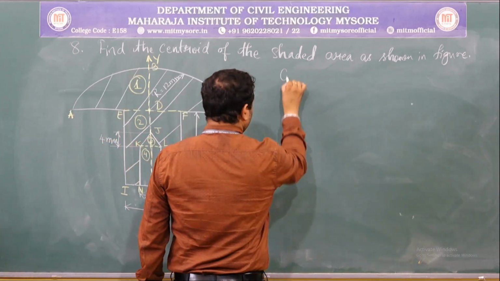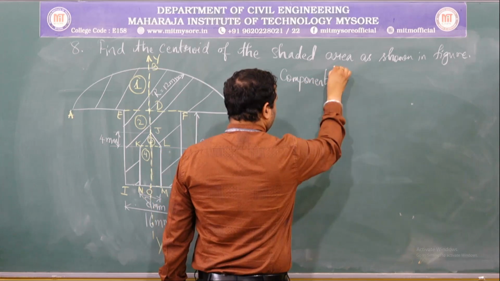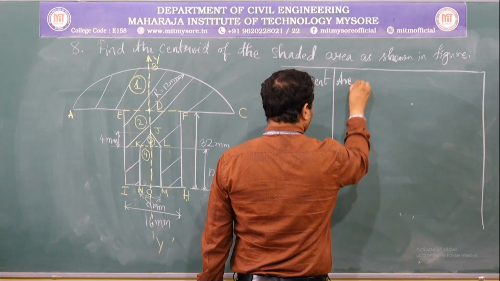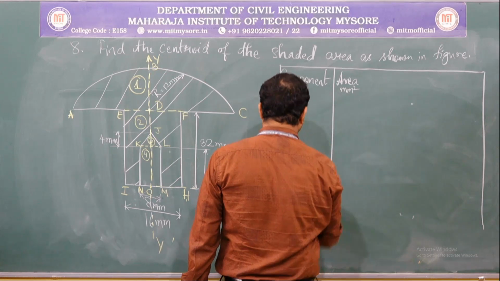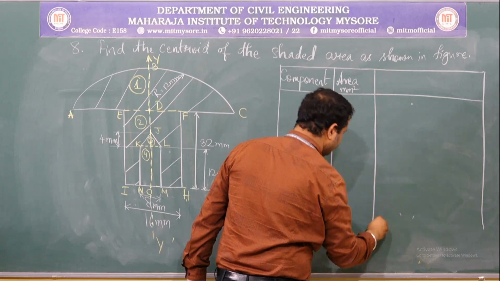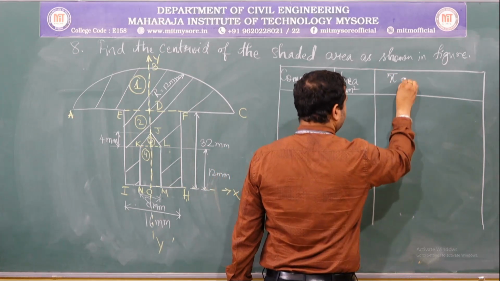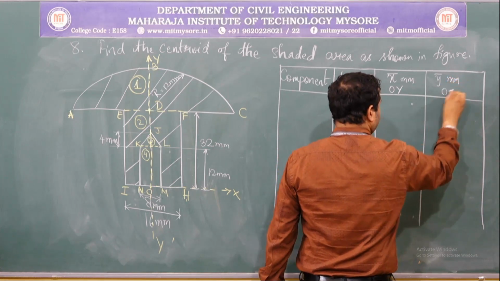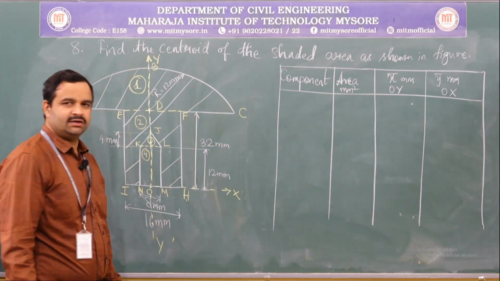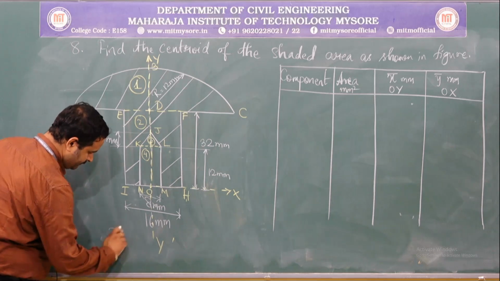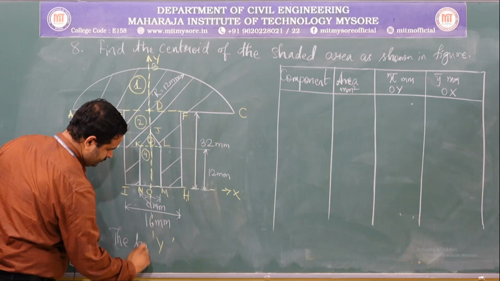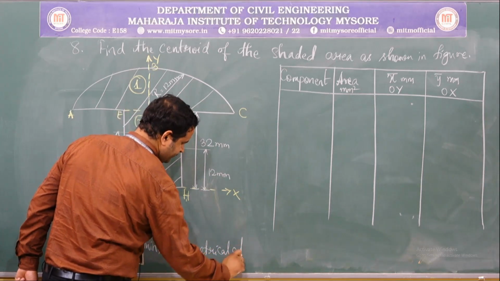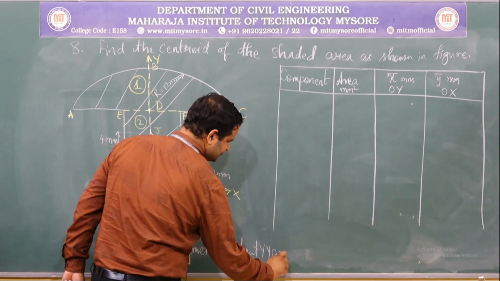Now, let me write the table. Component, area in mm square, x bar in mm with respect to OY axis, y bar in mm with respect to OX axis, and we have to write a statement before writing the table, that is the lamina is symmetrical about YY axis.